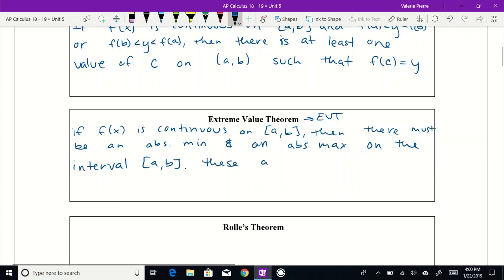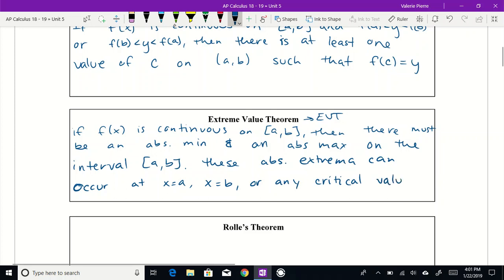These absolute extrema can occur at the endpoints of these intervals, so at x equals a or at x equals b, or any critical value of f on the closed interval a comma b.